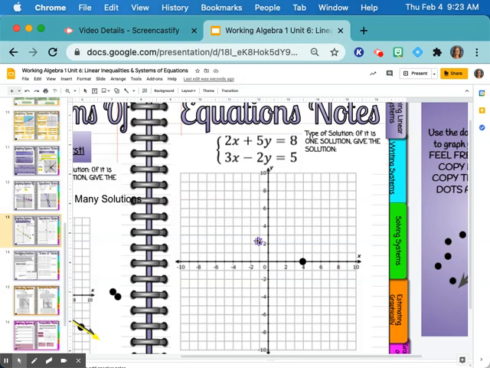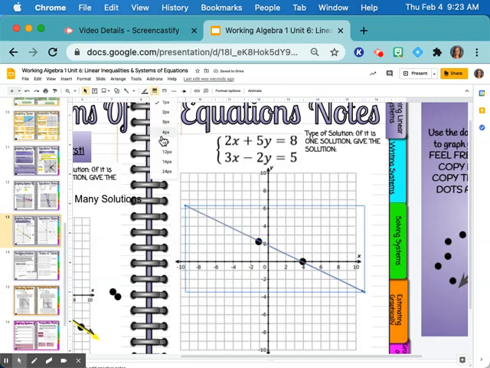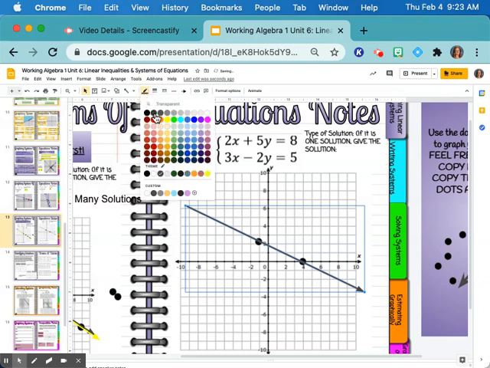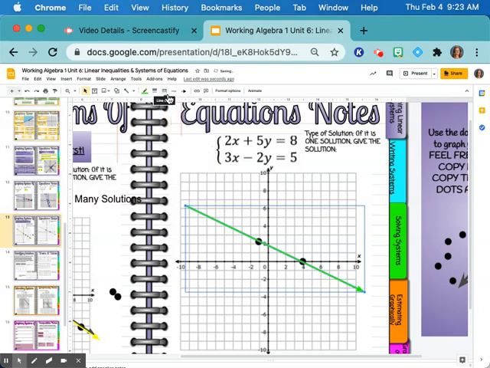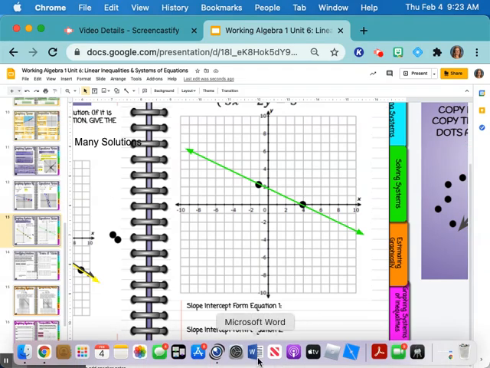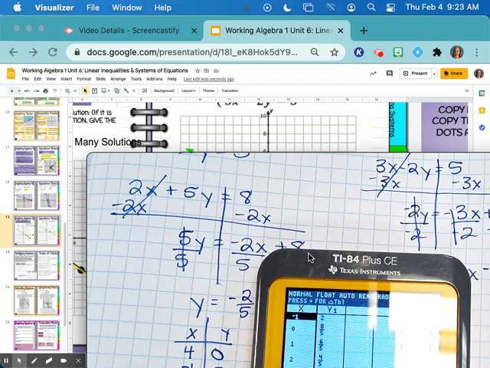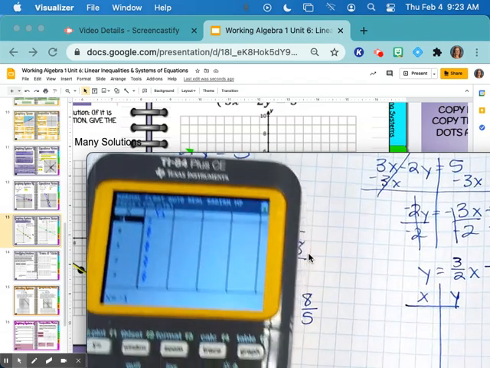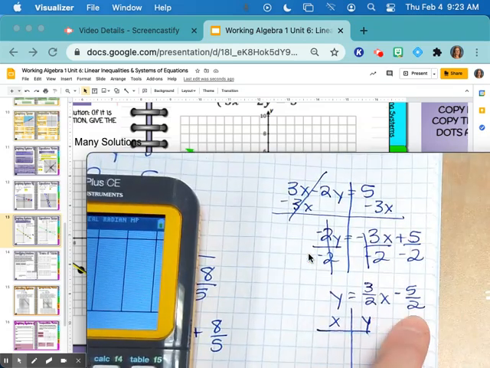We need a line. Okay, and then the next one is 3/2x minus 5/2.